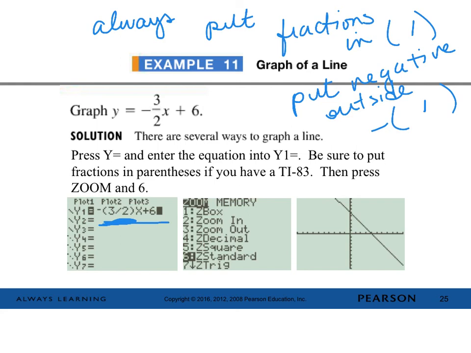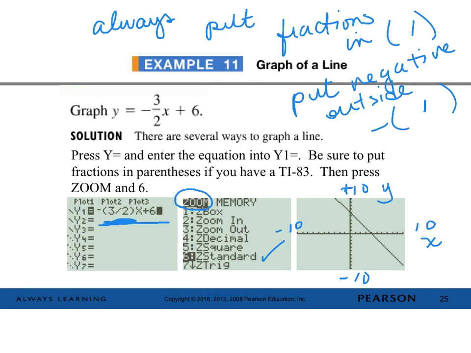So if I were going to graph this on the calculator, I would enter in negative, in parentheses, 3/2 x plus 6. Then I would press the zoom key, and I will go down and choose zoom standard, because zoom standard goes from -10 to +10 on the x-axis, and from -10 to +10 on the y-axis.